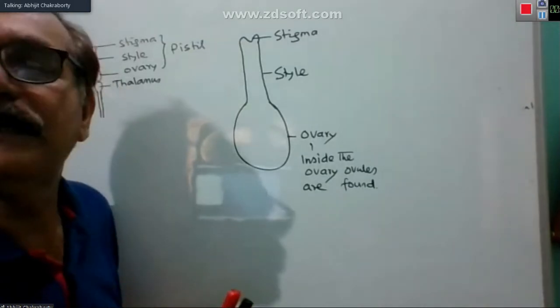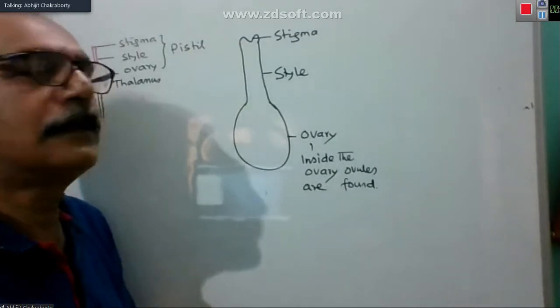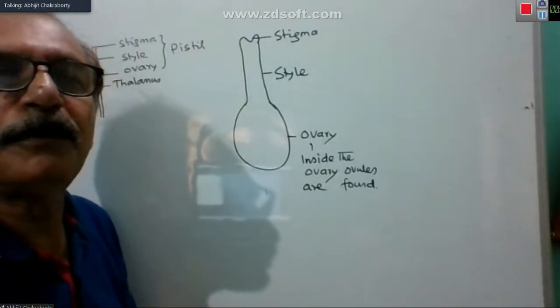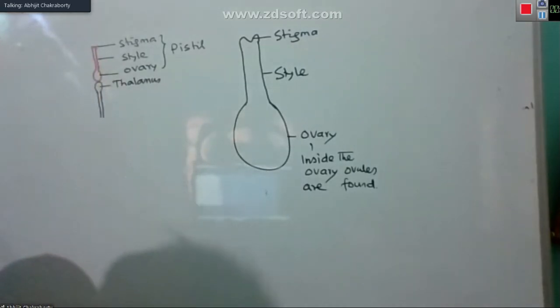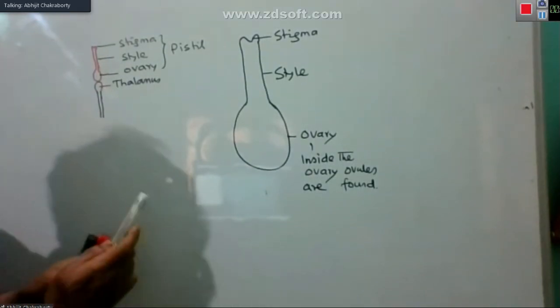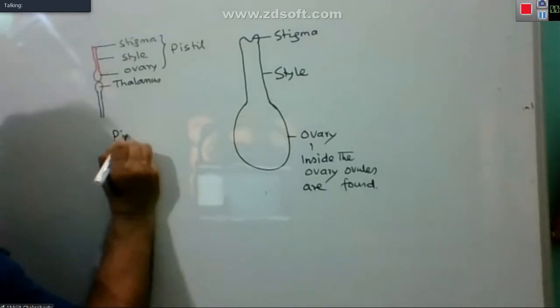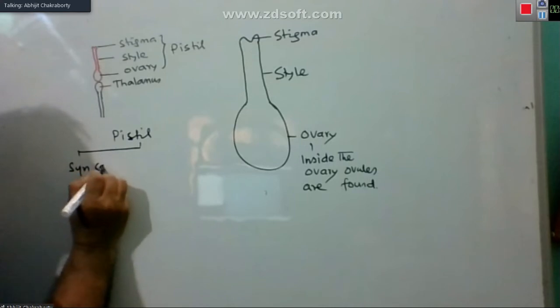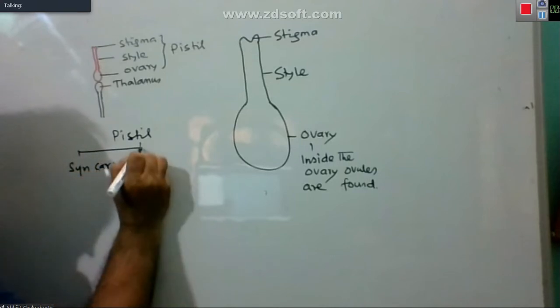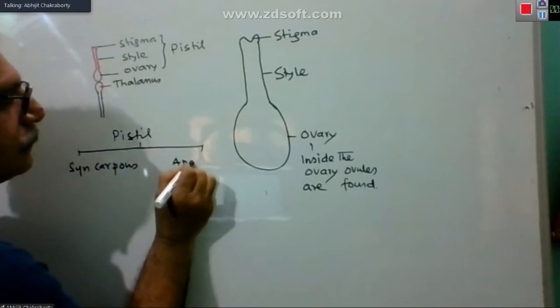Now I think I discussed in class 11 the placentation, the mode of arrangement of ovules in the ovary. Now you see, generally pistils are of two types. One is called syncarpous, the other is apocarpous.